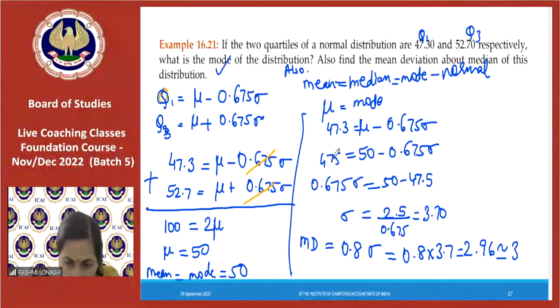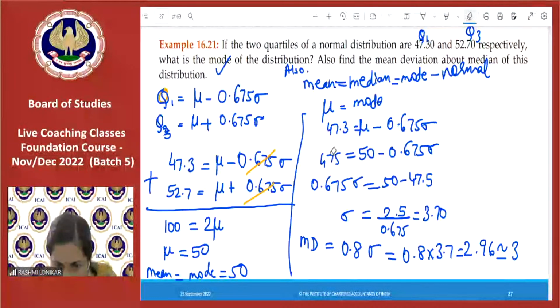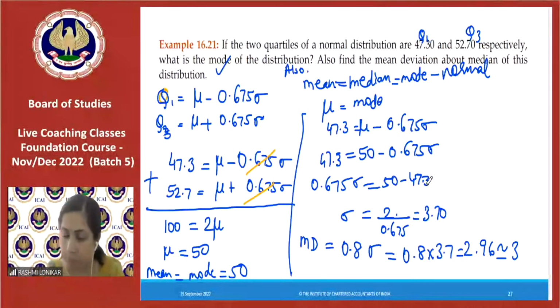Okay, 47.3, not 47.5. Thank you for pointing it out. This is 47.3. So 50 minus 47.3 gives you 2.7.